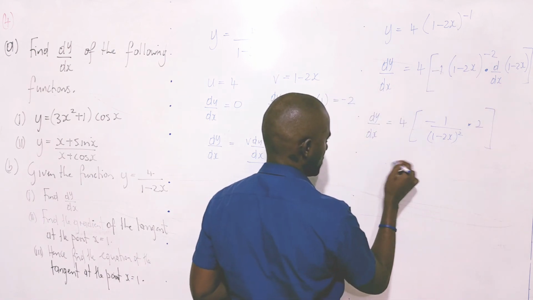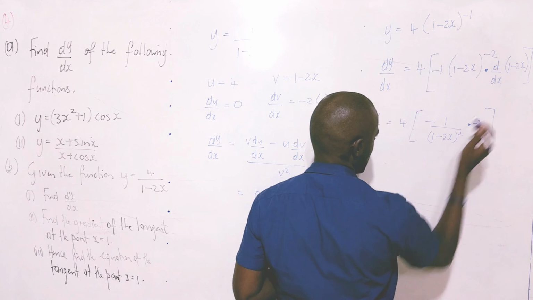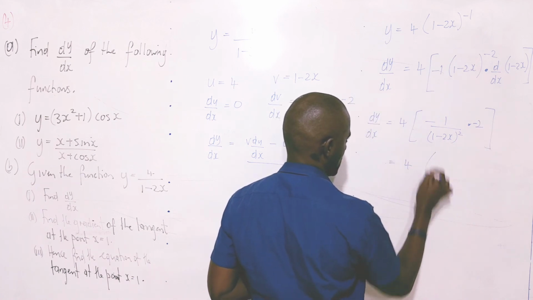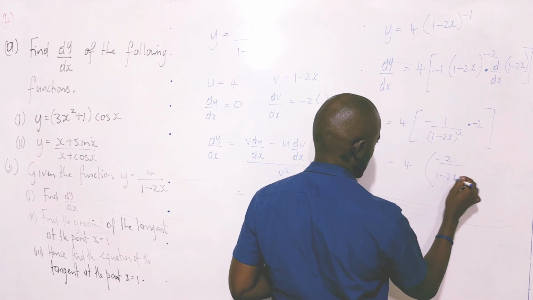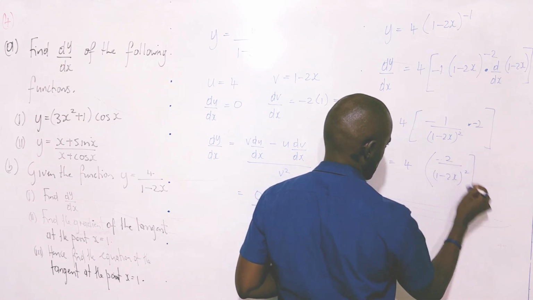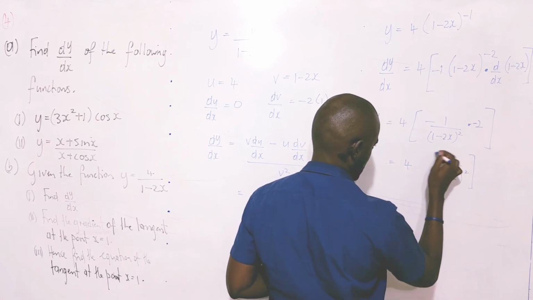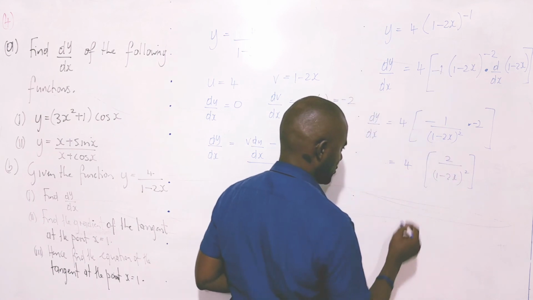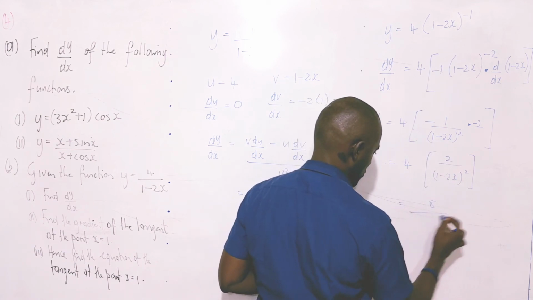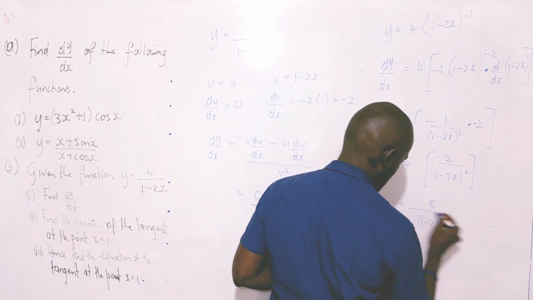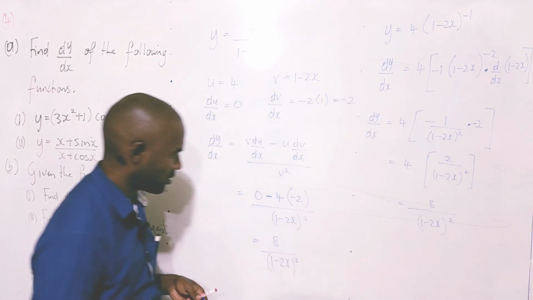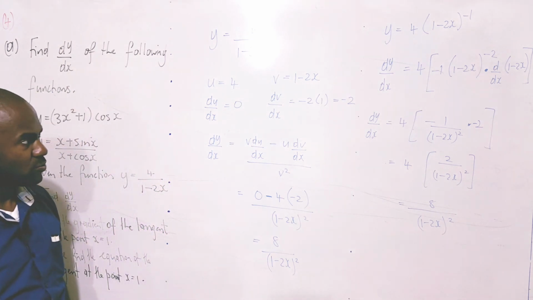Now minus 1 times minus 2, rather, so this becomes 4 times 2 over 1 minus 2x squared, which of course gives us 8 over 1 minus 2x squared. The same result as we got when we applied the quotient rule.